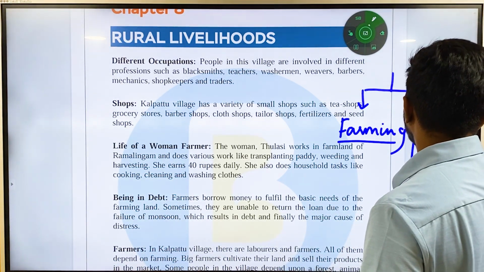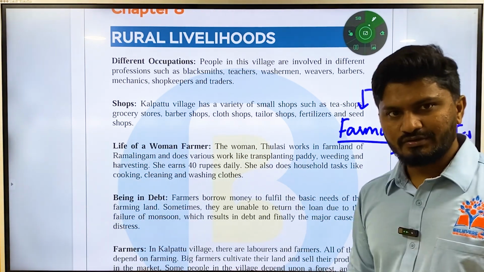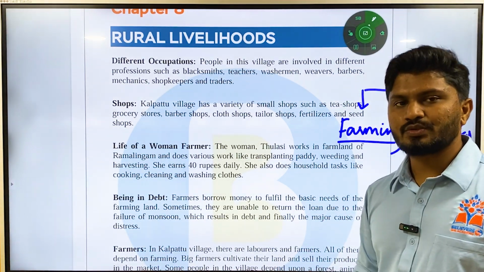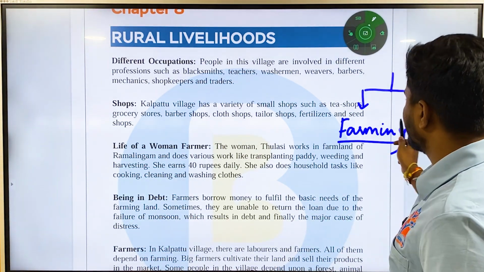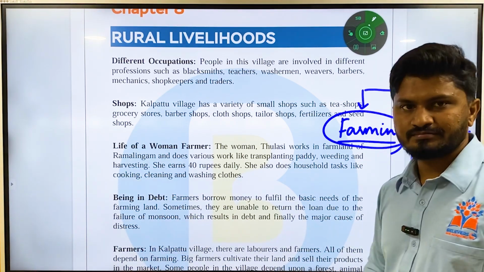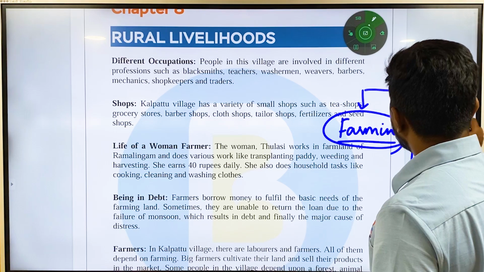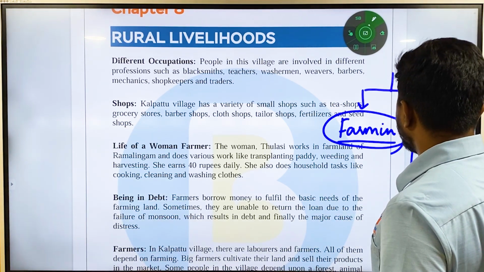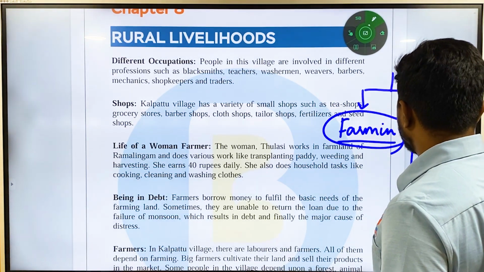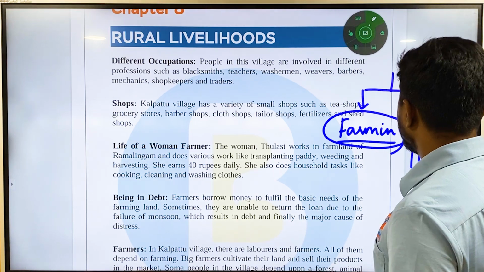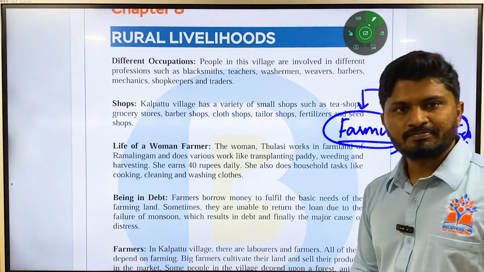These are the basic distinctions between rural livelihoods. Farming is agriculture based. Non-farming is anything other than agriculture, such as ironsmith, blacksmith, a street vendor, etc.